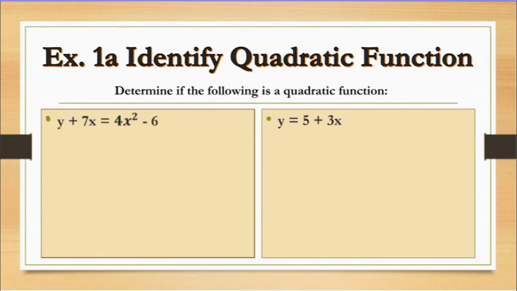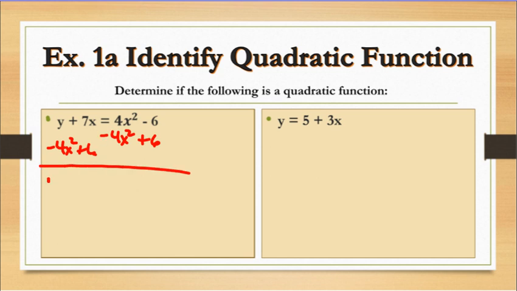So, identifying a quadratic function. We need to determine if the following is a quadratic function. In order to do that, let's put it into the y equals ax squared plus bx plus c format. I need to get all the terms to one side. So I'm going to subtract 4x squared and add 6 to both sides.